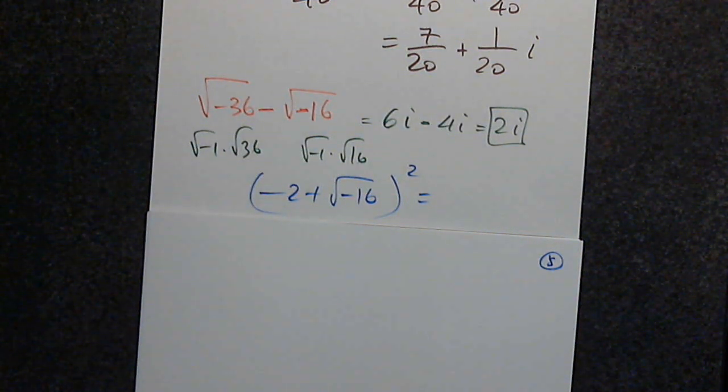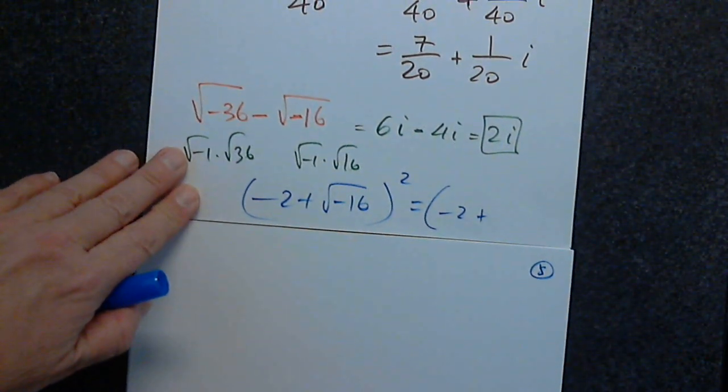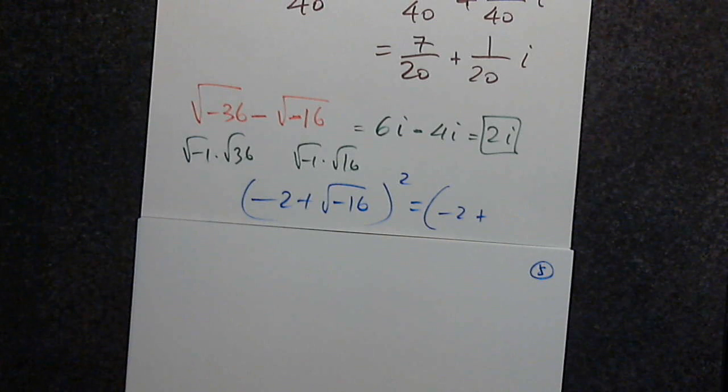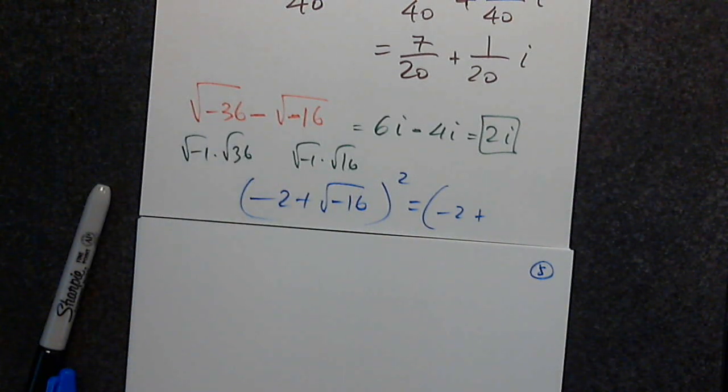But it's the square root of negative 16. So how do I change that? Negative 2 plus what? Yes, the square root. Okay, so what will that be replaced by then?